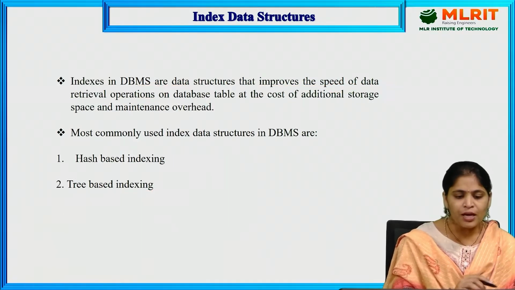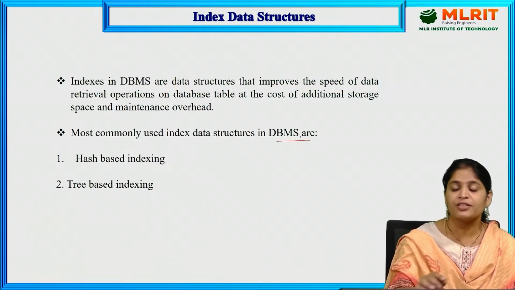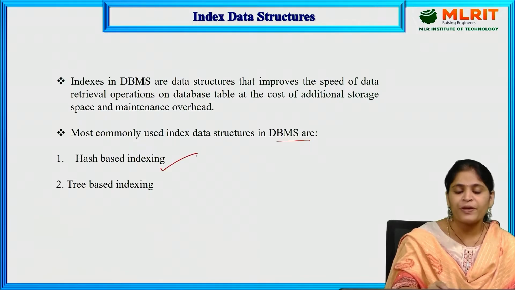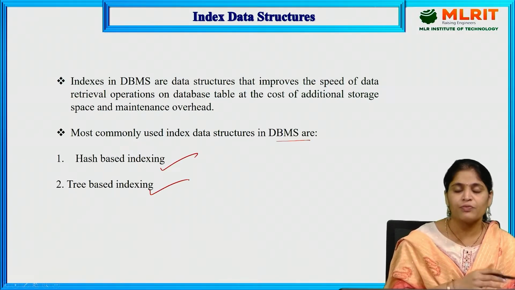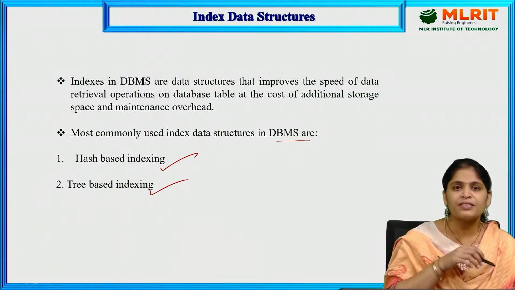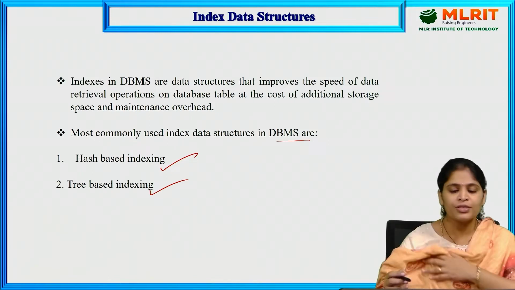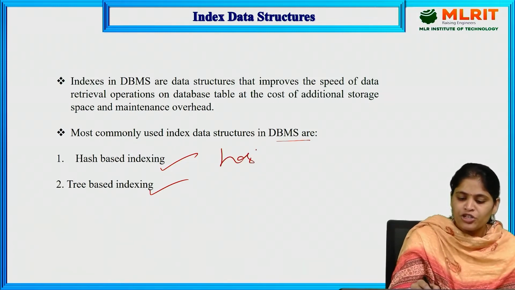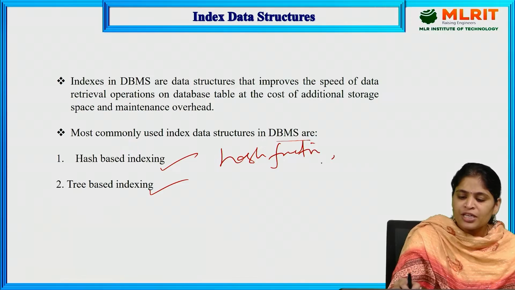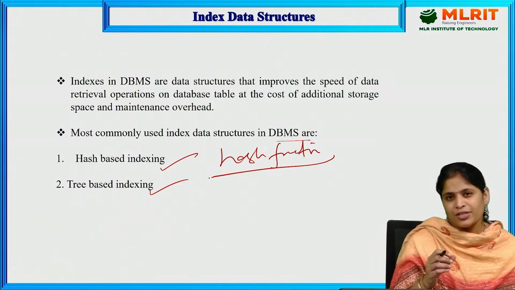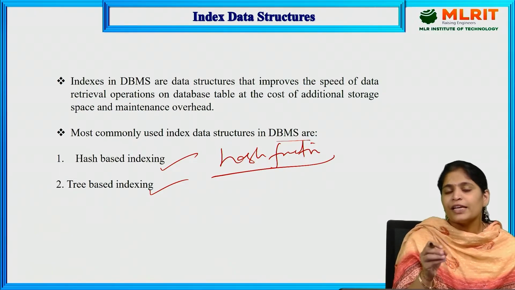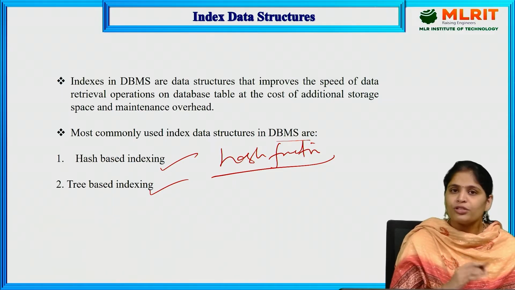The most commonly used index data structures in DBMS are hash-based indexing and tree-based indexing, which we have already dealt with. Hash-based indexing means here we use the hashing concept, a hash function. The hash function is used to generate an address, and at that address we can store the records.